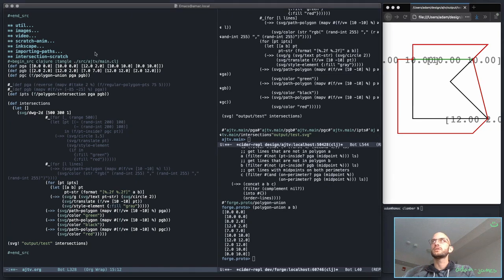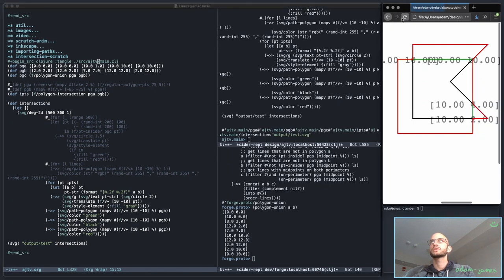And if I move it to 10, 1, I think this still works. Yeah, okay, so that's not so bad.